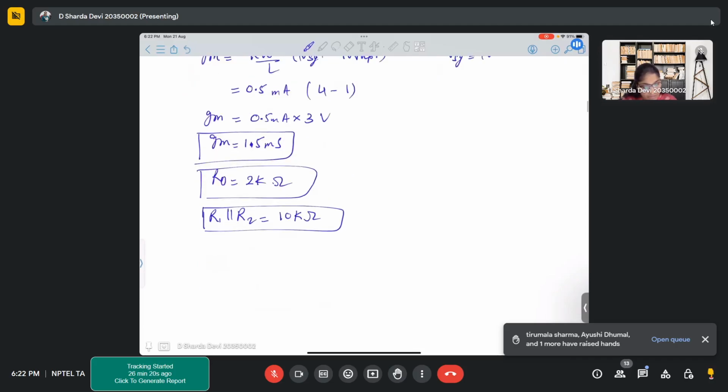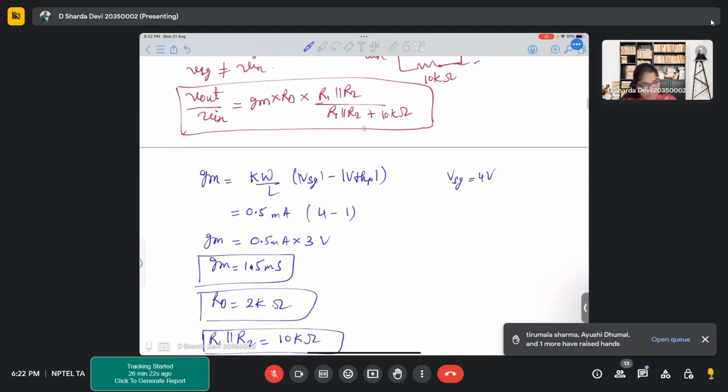And your V out by V in will be 1.5 millisiemens into 2 kilo ohms into 10K by 10K plus 10K.